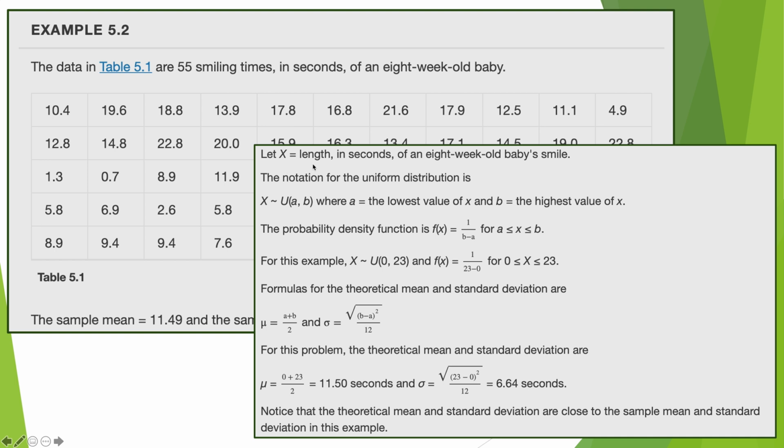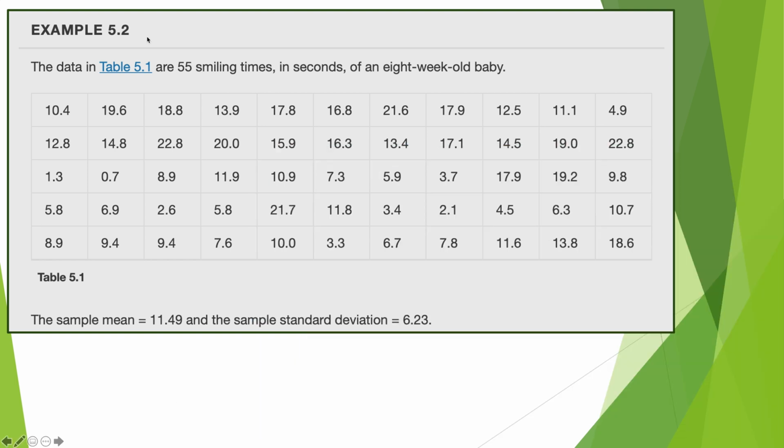Let X be the length in seconds of an 8-week-old baby's smile. So with the notation, we're going to use uniform distribution and we're going to use the term U(A, B). Now, what is this A and B? If we just go back for 1 second, A is going to be the lowest value on this chart and B is the highest value on the chart.